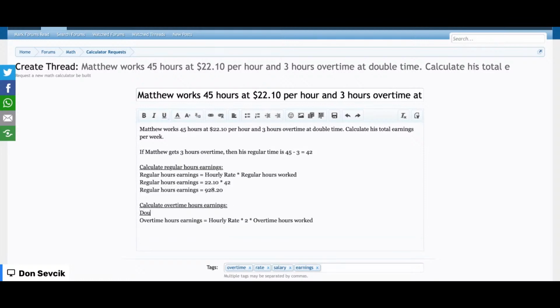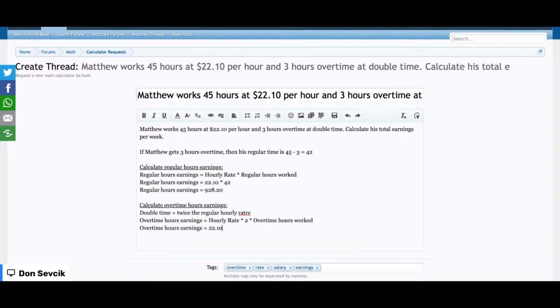Double time equals twice the regular hourly rate. And then overtime earnings equal 2 times hourly rate times overtime hours worked. Let's plug this in here.